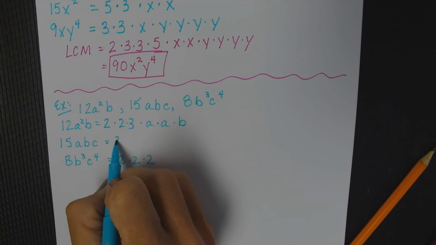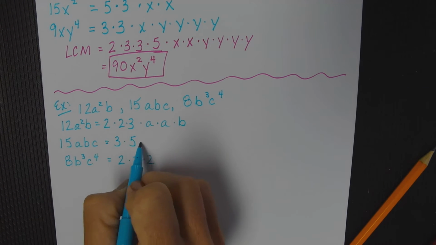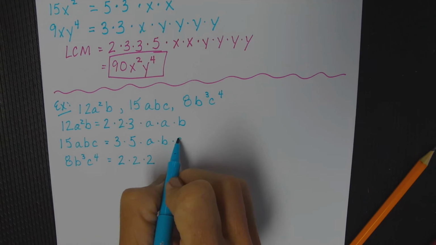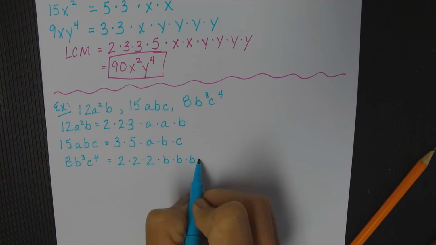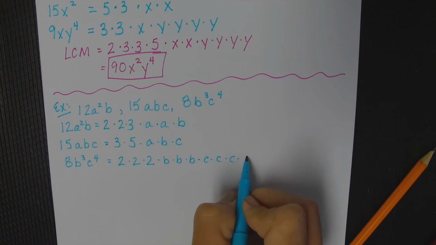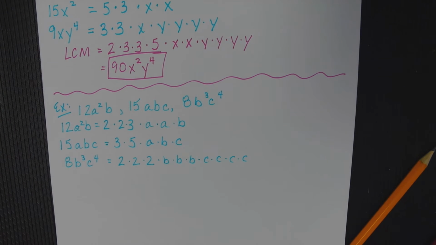That's 3 times 5. The 2 appears 3 times, so I'll write 2 three times, even though there's like 5, 2. Well, how many times does it appear the most? 3. Yep.